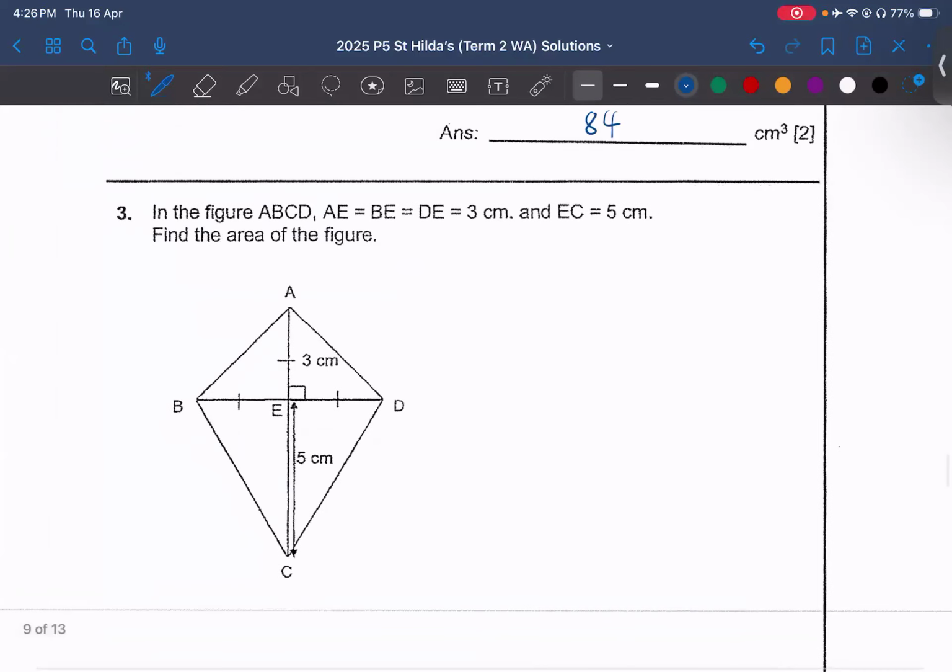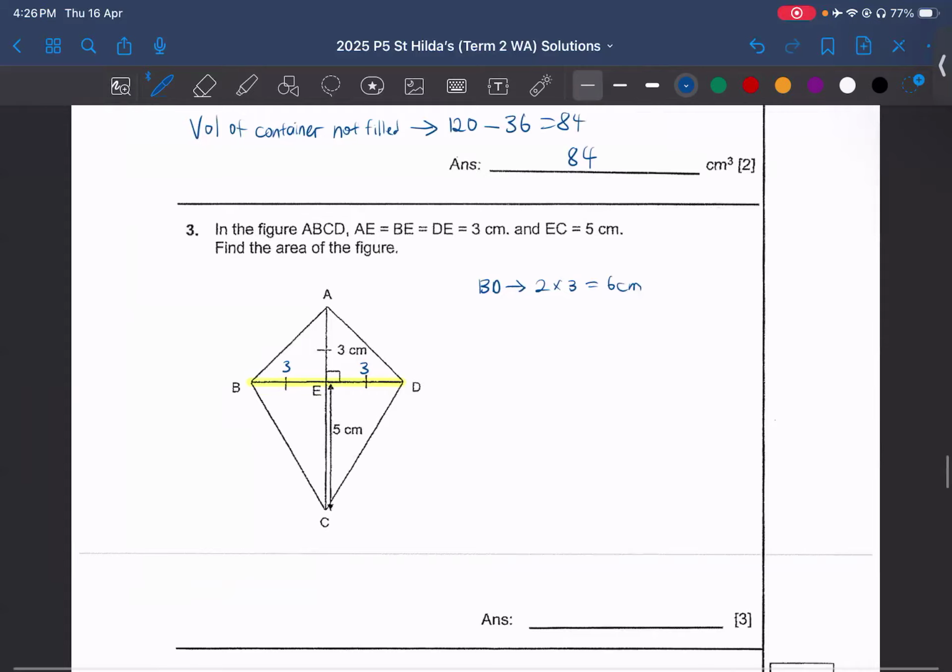So if you look closely, there is actually a triangle on top and a triangle below. In this case, the triangle on top and the triangle below all share the same base, which is this line BD here. So we can find the length of BD, which is 2 times 3, which is 6 centimeters.